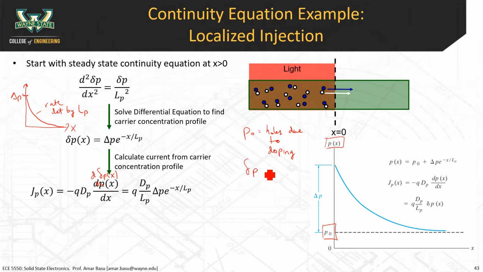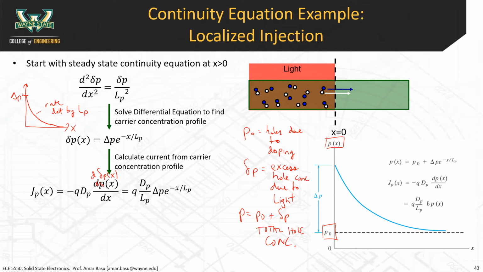Delta p is the excess hole concentration due to, what is the delta p due to? Generation. Yep, due to generation, so it's due to the light. And so the total p is equal to p0 plus delta p. So this is the total hole concentration.